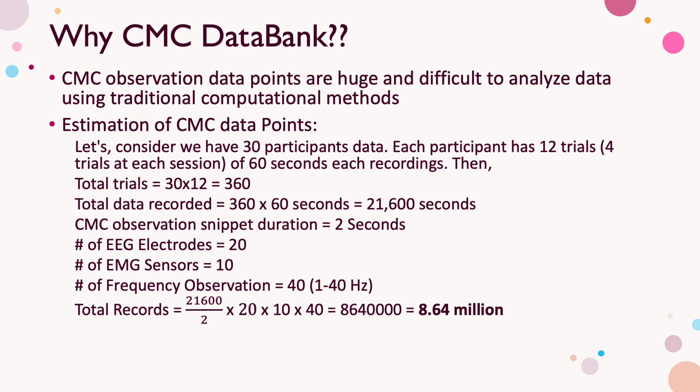Then the total data record is almost 21,000 seconds. And if we observe the CMC in 2-second durations, with 20 EEG electrodes and 10 EMG sensor channels, and we observe frequencies from 1 to 40, then the total record will be 8.64 million.